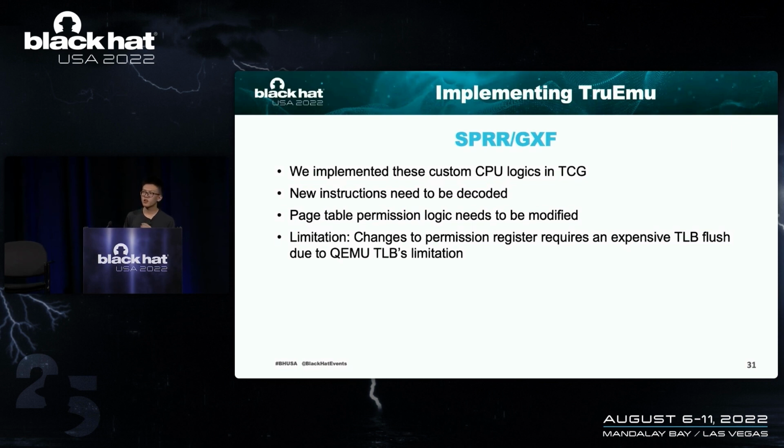You also have to rework the page table logic because the CPU no longer understands the page permission the same way. However, we still haven't figured everything out yet, and the QEMU TLB still has some limitations. We still require TLB flushes, which may slow down the performance when the permissions are being changed.